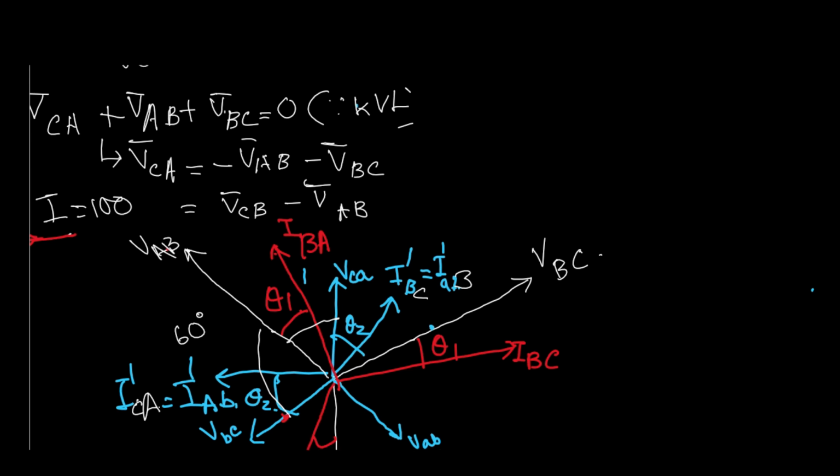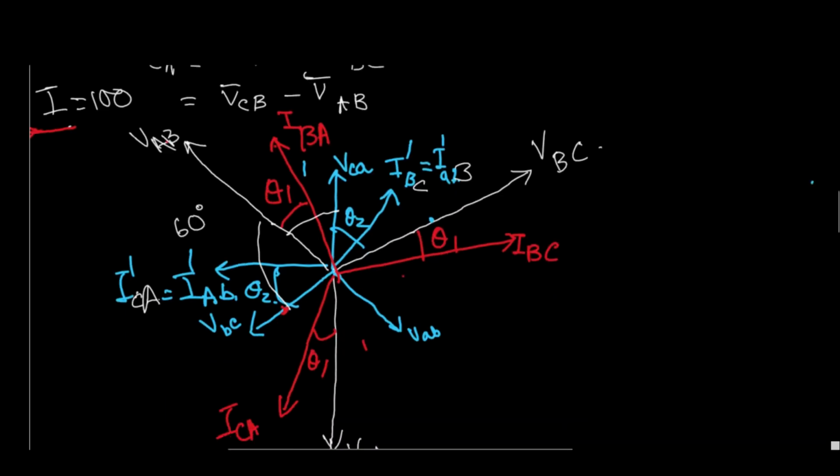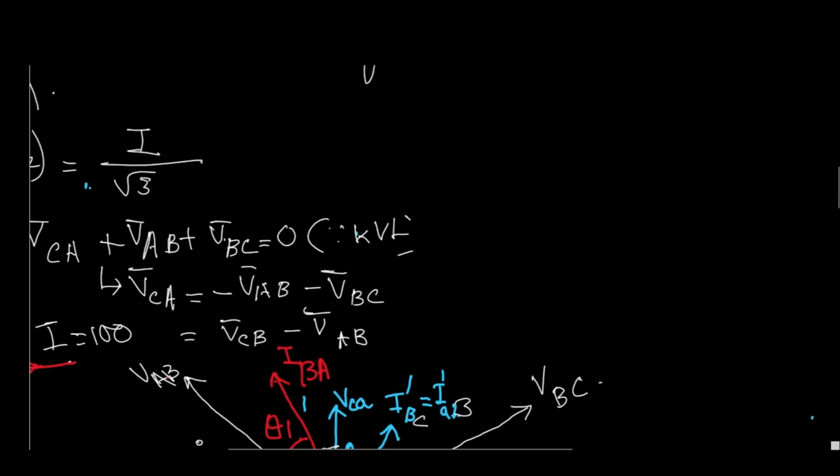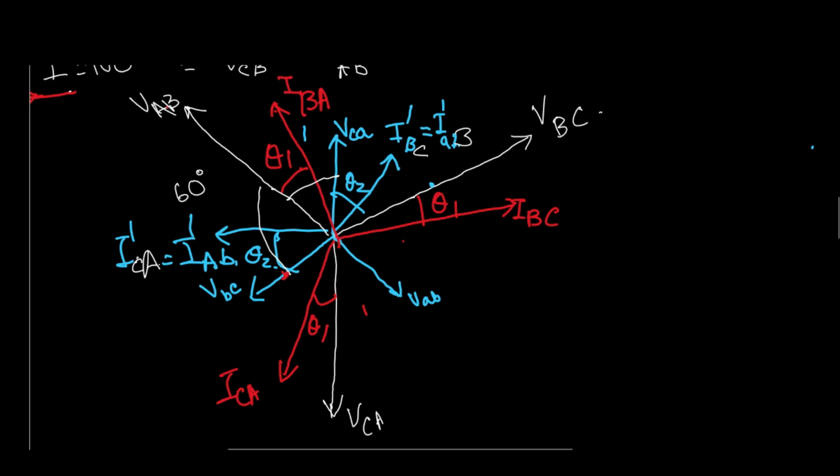Had we drawn this, it should make an angle (180 minus theta 1). So from that we can figure out it should be IBA, right? Now we have drawn IBA, IBC, ICA. That is a simple thing.